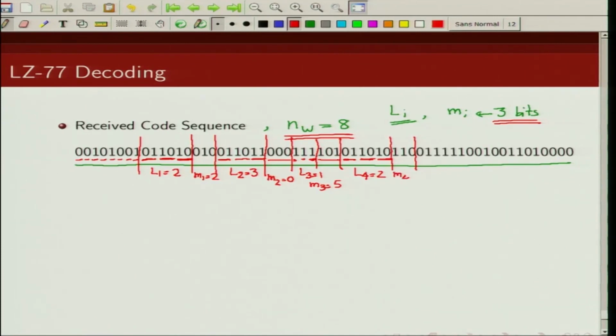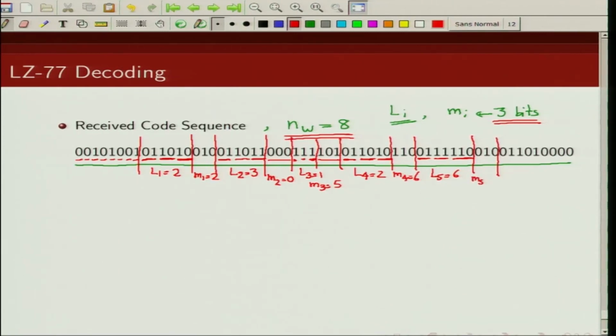So M4 is 6. Here I look at a run of 1, so I look at the next 2 bits, that's 3. So the next 3 bits will give me the value of L5, and that is 6. So L5 is 6, and the next 3 bits are used for encoding M, and that is 2.